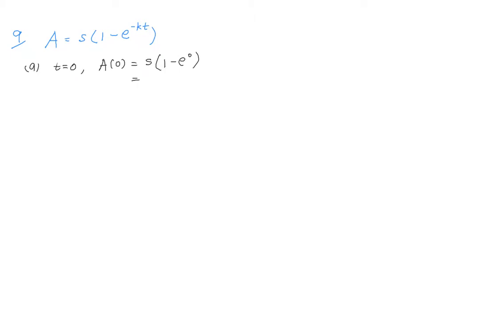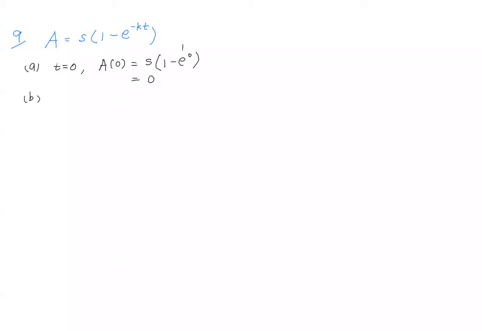So it's 0, correct? Because e to the power of 0 is 1. Am I doing the right thing, student? Yes. Then we go to part B.